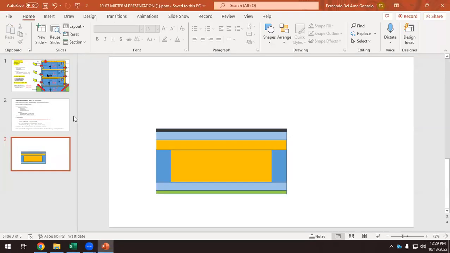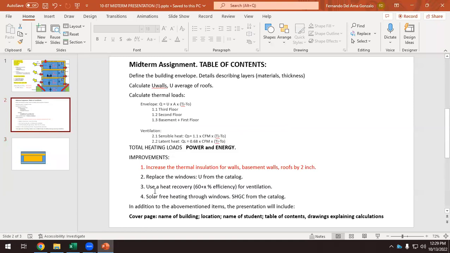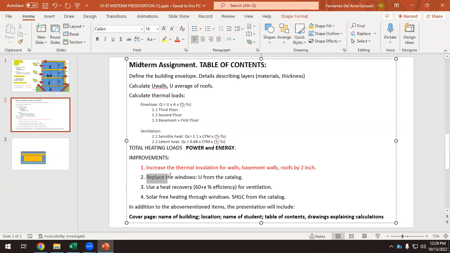So for the windows, we have 2 measures. We have to replace the windows, and we have to select a new U value from the catalog. I'll explain what the catalog is. And then we have to calculate the solar free heating through the windows with a solar heating coefficient from the catalog. Well, okay. So what is a catalog?